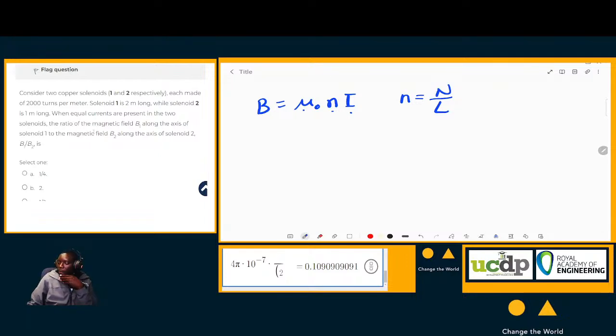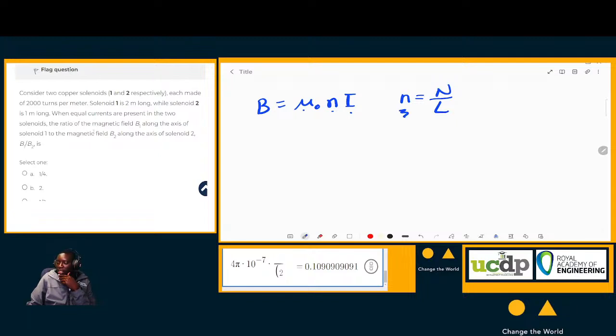So if you keep the number per unit length constant, then which means your B should be the same. If I is constant, mu is the same, which is free space permeability, and the number per unit length is the same. So it would mean for a greater number of turns, we have a greater length and still maintain the same B. So in this case, since the length of one is twice the other, it means the number of turns in that one, which is longer, is also twice.